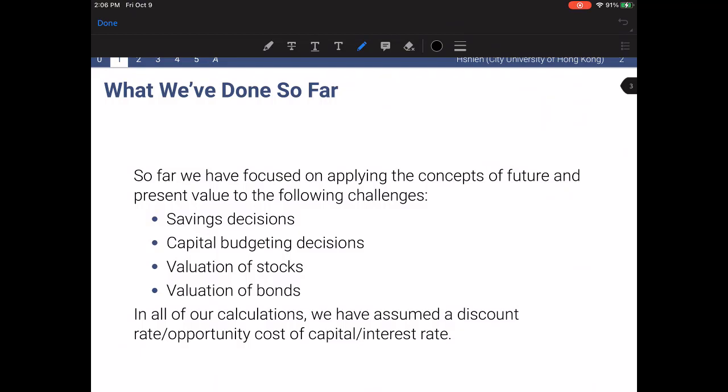So our ultimate goal is to come up with a model for the cost of equity. Let's call that lowercase r_i. So i is going to designate a specific firm or asset.